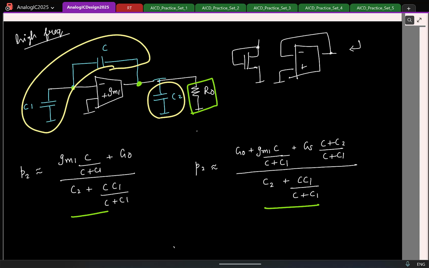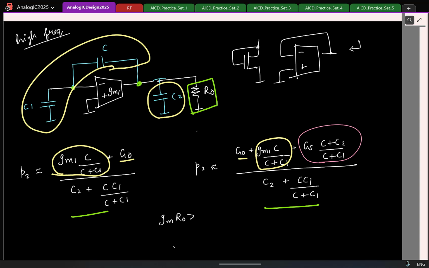Yeah, so the denominator is the same. In the numerator I have G0 and then Gm1 times C by C plus C1. Of course, I have an extra term here. Again, you can attribute that to all the approximations we did. But in practice, remember, my Gm times R0 is going to be much greater than 1, which means Gm is going to be much greater than G0.